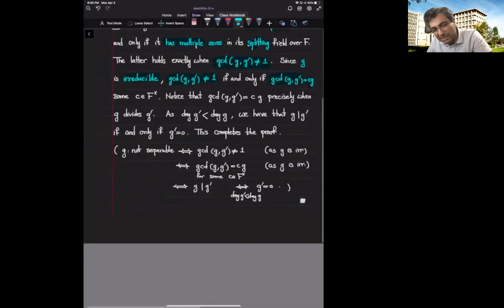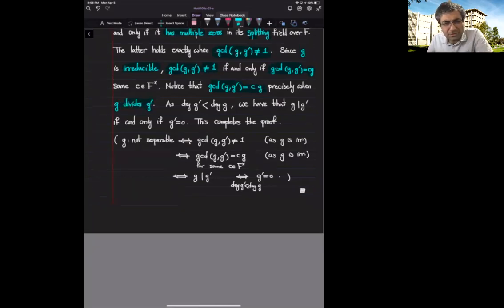And this fact, you see, a unit multiple of G definitely divides G. A unit multiple of G is going to be the GCD of G and some other polynomial if and only if G divides the other polynomial. So this equality holds if and only if G divides G prime.